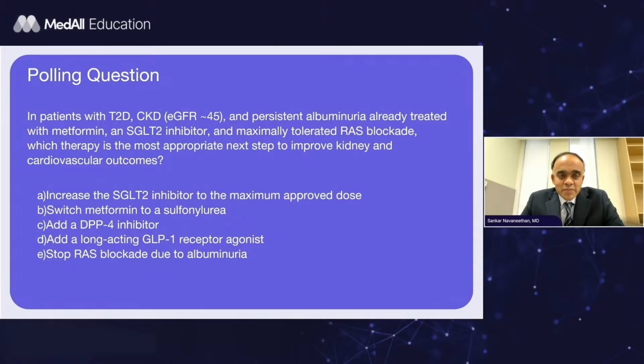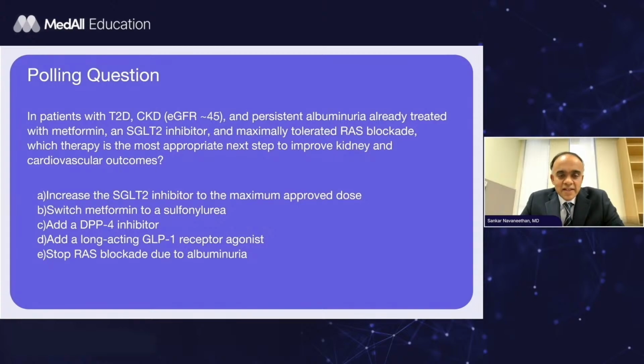In patients with type 2 diabetes and kidney disease, let's say estimated GFR of about 45 and persistent albuminuria, who has already been treated with metformin, an SGLT2 inhibitor, and maximally tolerated RAS blockers, which therapy is the most appropriate next step to improve kidney and cardiovascular outcomes?